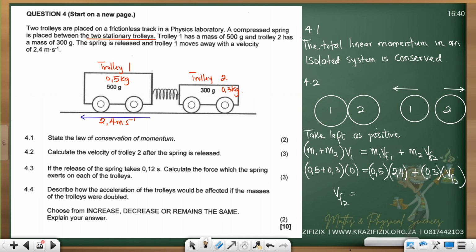Because I want us to see something there quickly. All right, Busi gave me a negative.